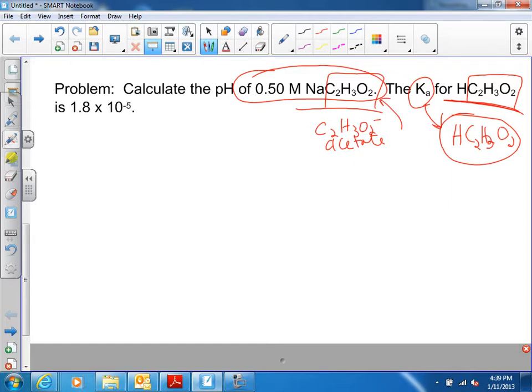But we also need an acetate reaction. So a couple of things just to be thinking about. If you're given a Ka for an acid, but you've got a base in the problem, we need to find the Kb, and we're also going to need to write the reaction. And we don't write sodium in the reaction, we're just going to write the negative ion.